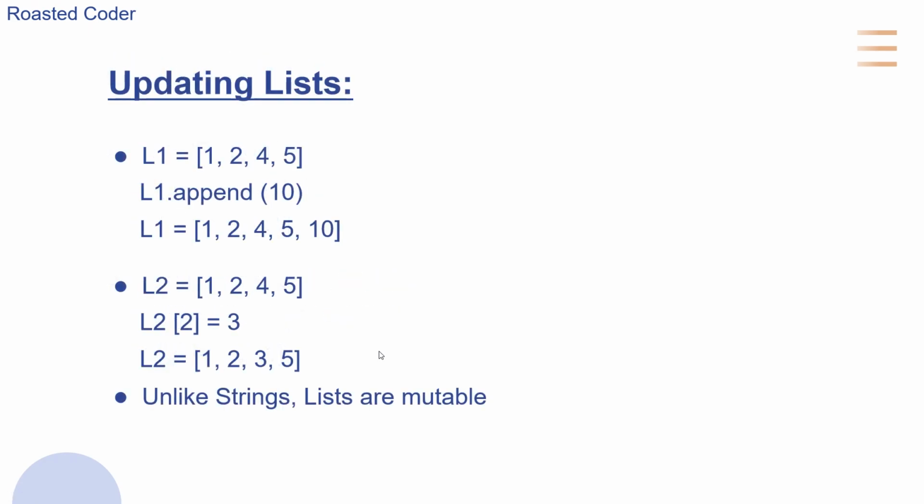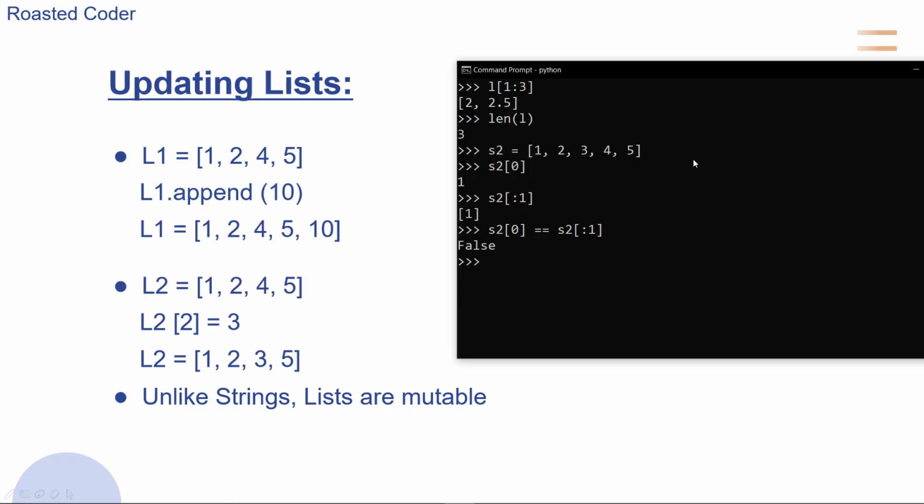Now let's discuss how we can update lists. In Python, if we want to update a list or append an element to a list, we just have to use the append function. That adds an element to the end of the list.